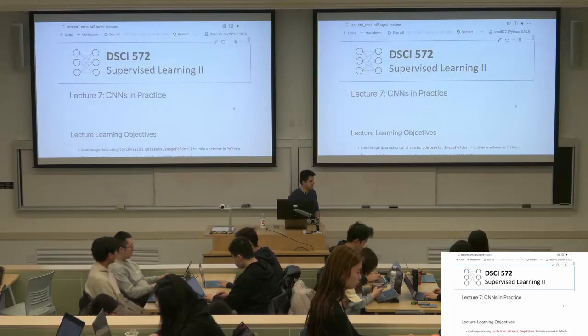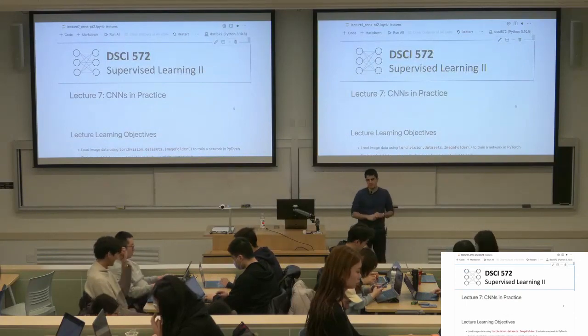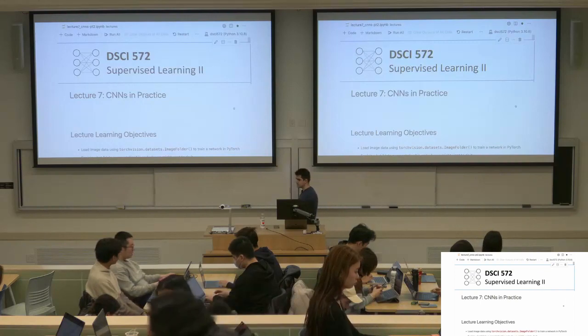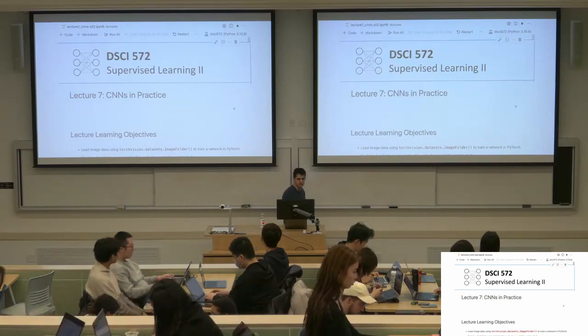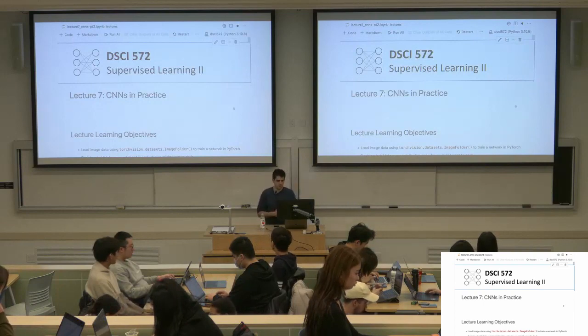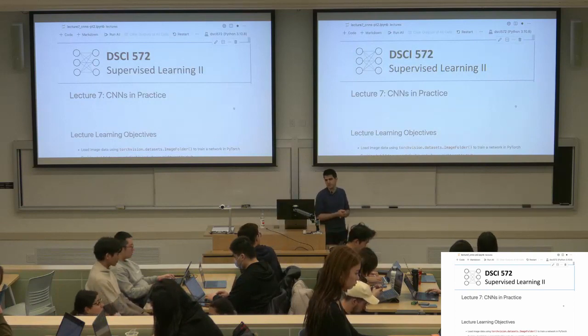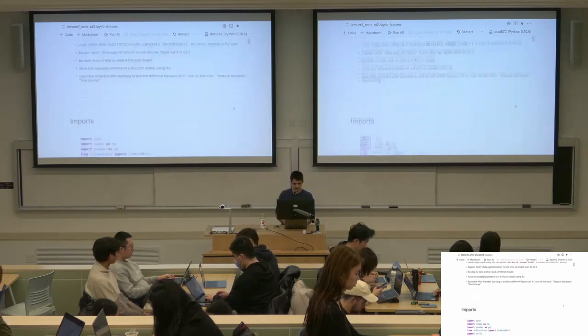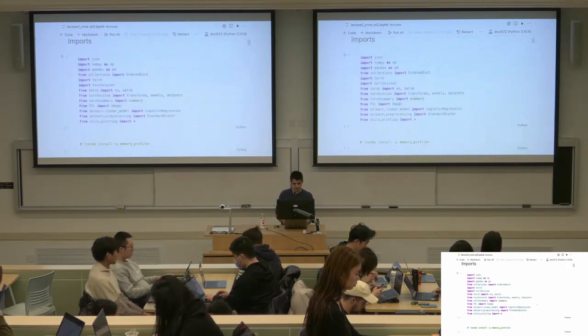In the next lecture, we're going to be talking about more advanced techniques and algorithms in the realm of convolutional neural networks, but for this lecture, we're going to focus on the more practical stuff. Okay, so let's begin.